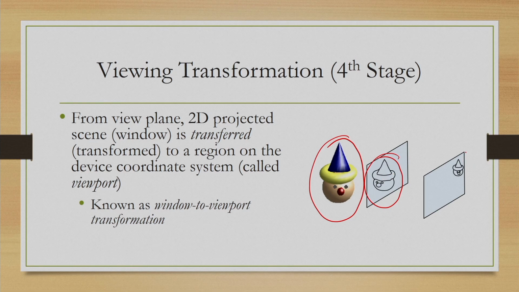For example, this object may be displayed in a corner of the display. So, we will differentiate between two concepts here. One is the view plane, which is typically called a window. The other one is the display region on the actual display screen, which we call the viewport.